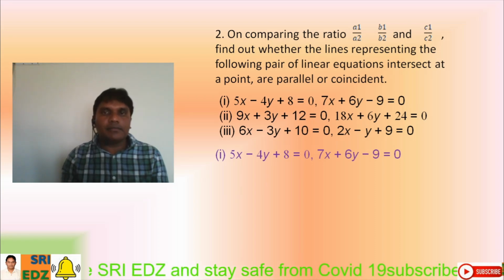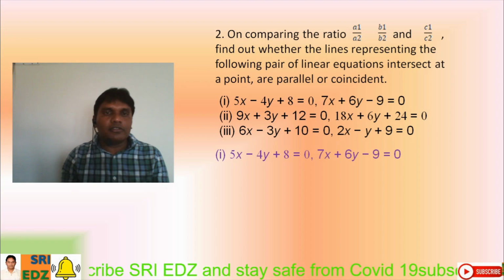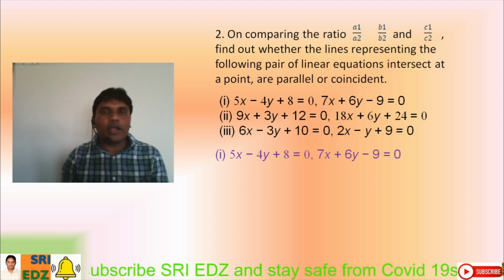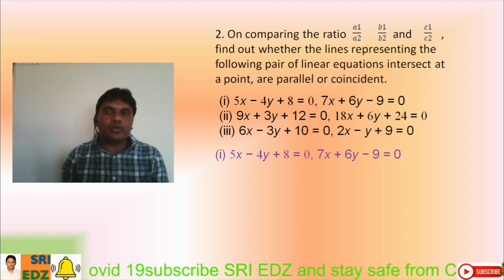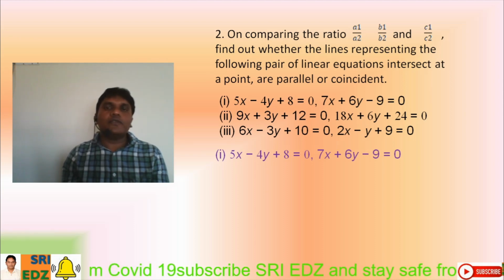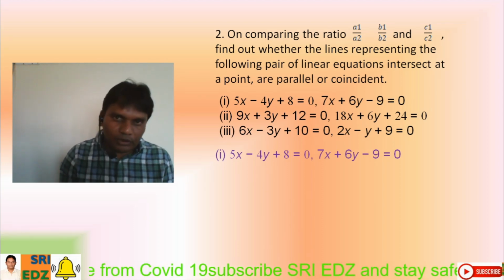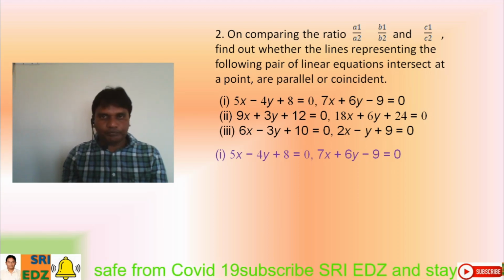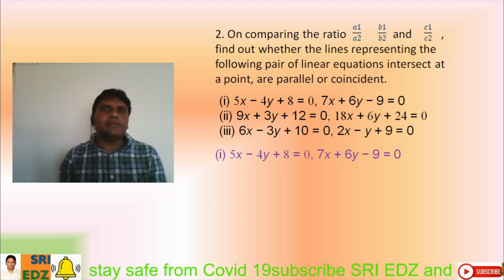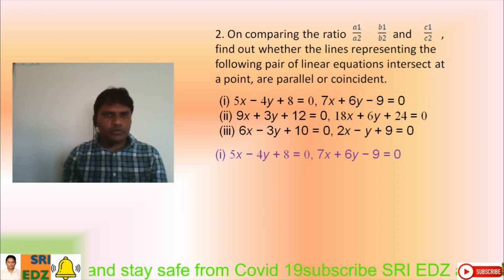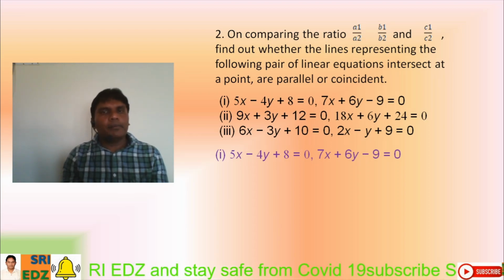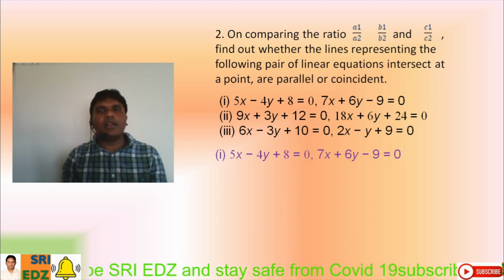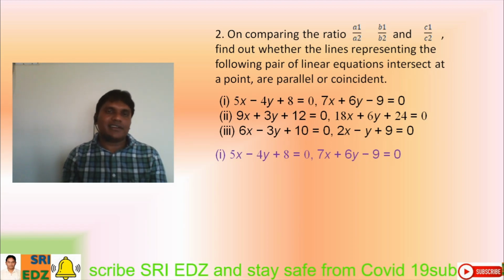Here a1, b1, c1 are nothing but the coefficients of x, y and the constant of the first equation. a2, b2 and c2 are the coefficients of x, y and the constant of the second equation. So on comparing those ratios, we can declare whether the lines are parallel, coincide, or intersecting.